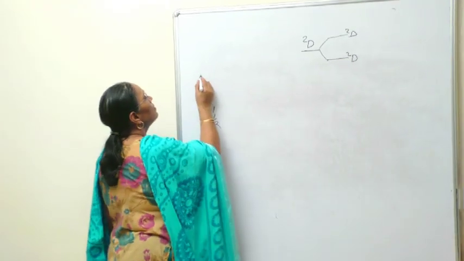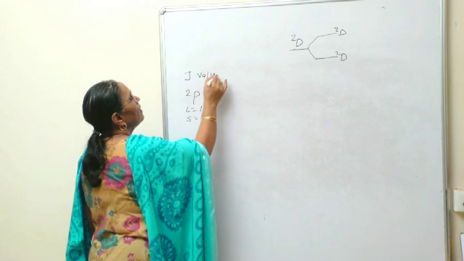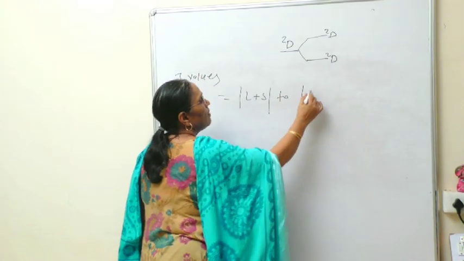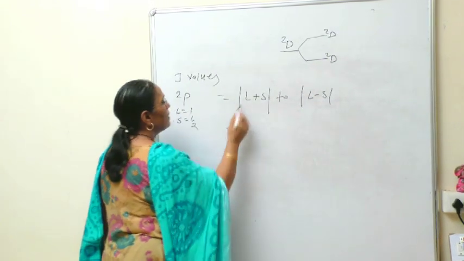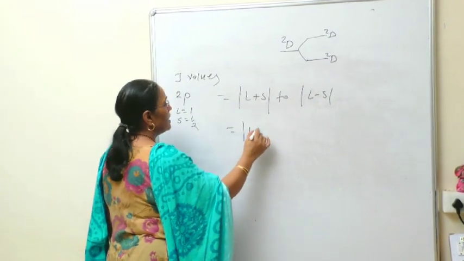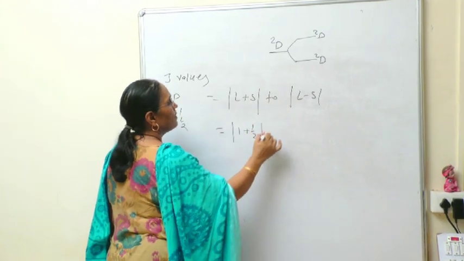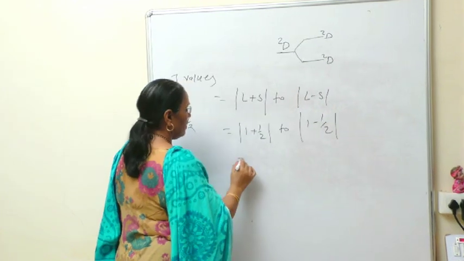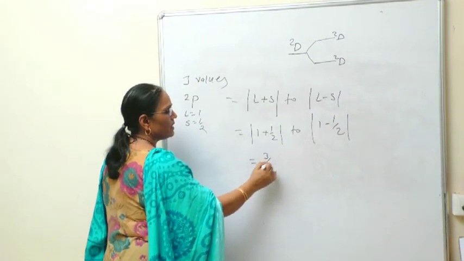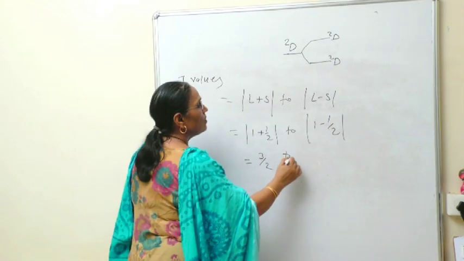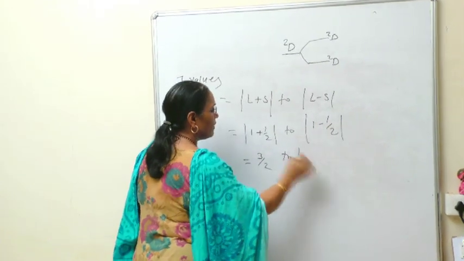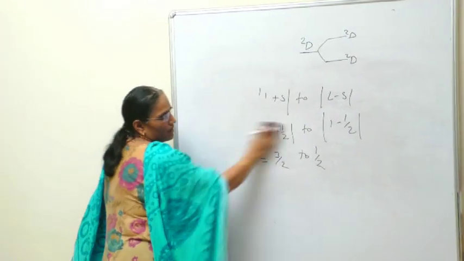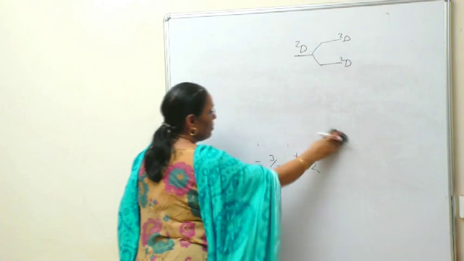So J values for doublet P will be again L plus S to L minus S, that is 1 plus 1/2, 3/2, to 1 minus 1/2, that is 1/2.